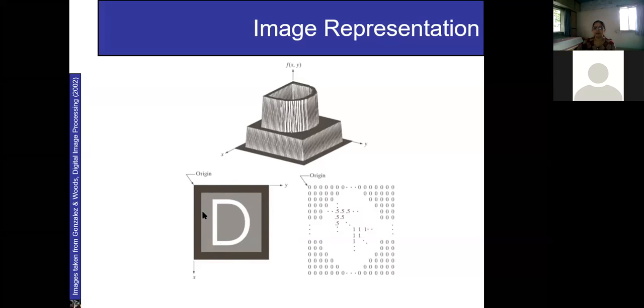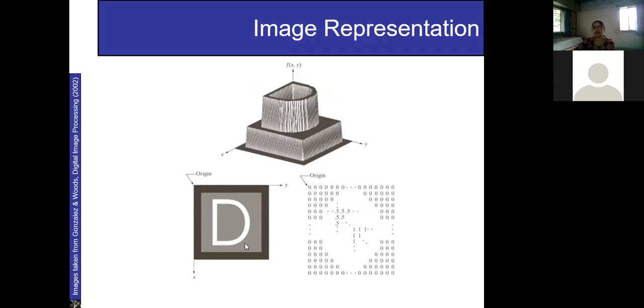And now if you plot this gray value as the third axis, f(x,y) amplitude, your same image will be represented as shown here with 3D representation. This is your x coordinate, this is y coordinate, and f(x,y) represents the actual amplitude values.